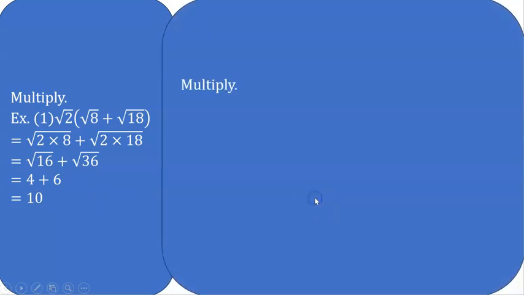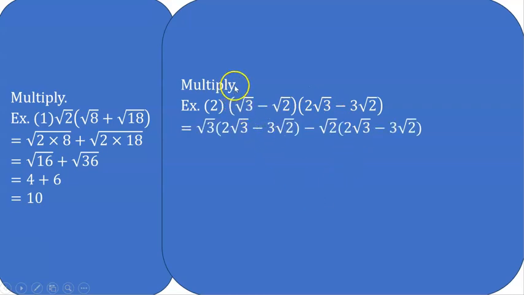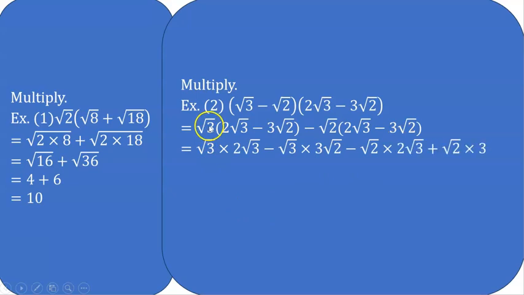Okay. Next example, multiply (root 3 minus root 2) into (2 root 3 minus 3 root 2). Now here, root 3 into this whole bracket: root 3 into (2 root 3 minus 3 root 2). Next, minus root 2 into again this whole bracket: minus root 2 into (2 root 3 minus 3 root 2). Now see this multiplication.